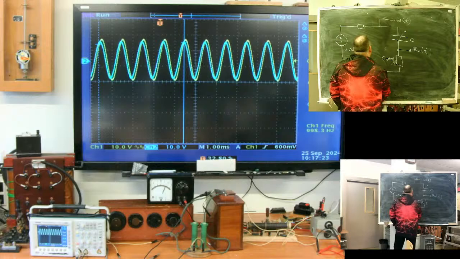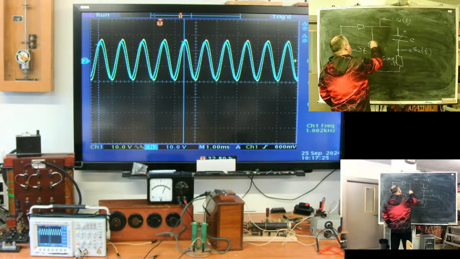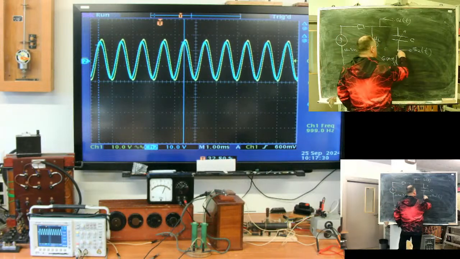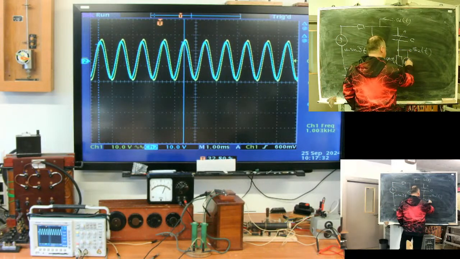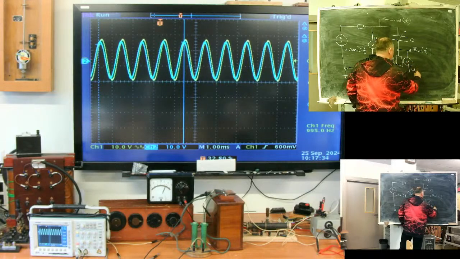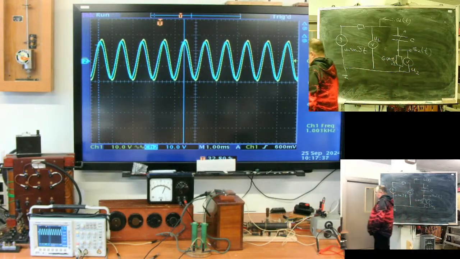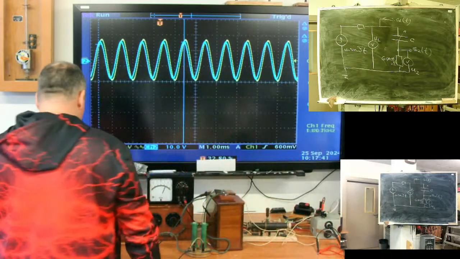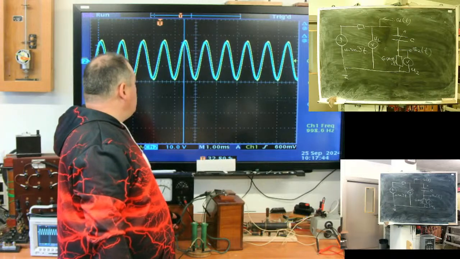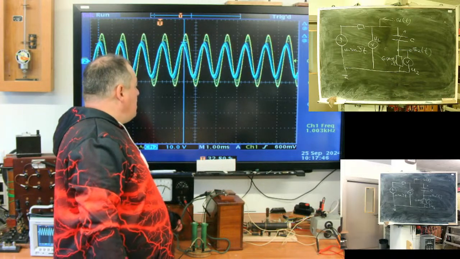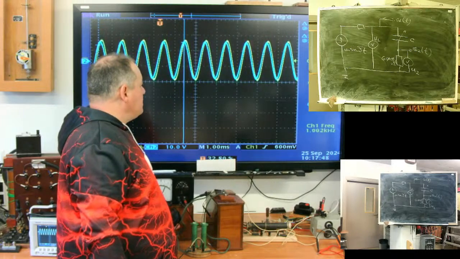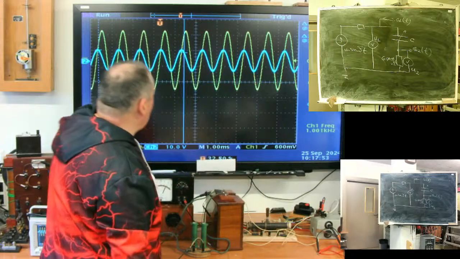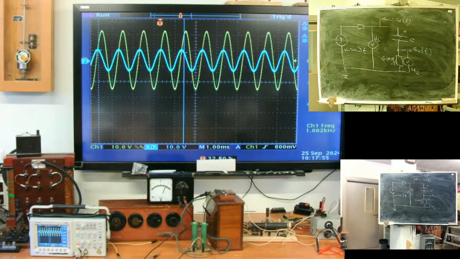If, for example, here I plug a voltmeter, it will be 1, and I can also plug a voltmeter here, it will be number 2. I'm increasing capacitance. I'm decreasing capacitance. At this moment, 1/10 of the microfarad.